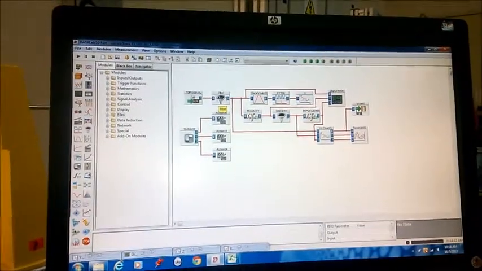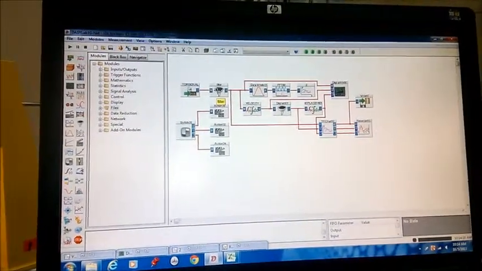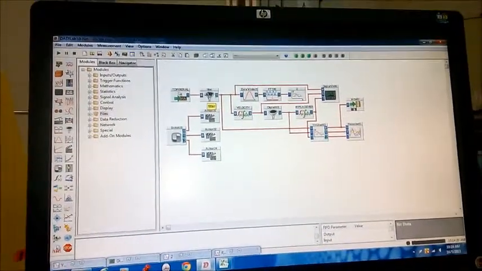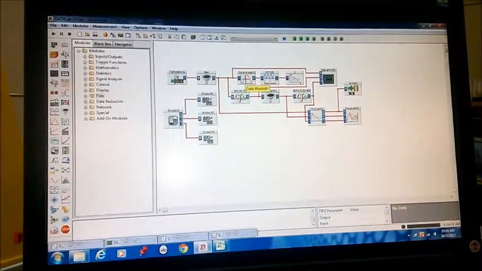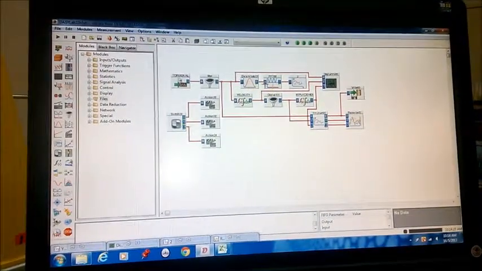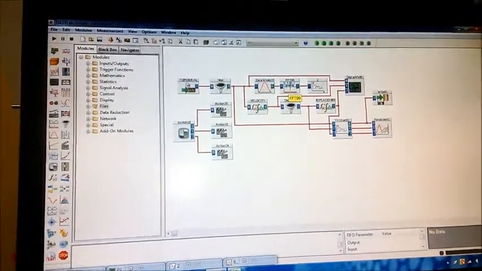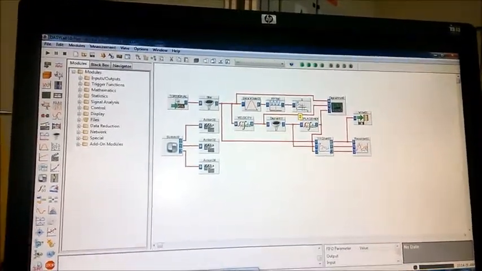We need to filter to get the low frequency data because we need to remove the noise. Then we use the data window and FFT, the fast Fourier transform, to get the frequency domain and the spectrum.